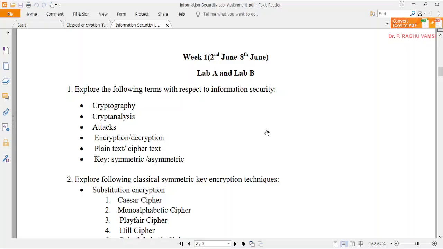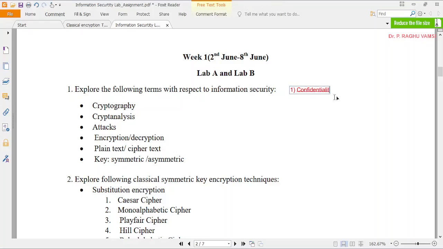And the final one, the fourth, is non-repudiation. So these are the four properties supported by cryptography, and we can also say these are the four pillars of cryptography.